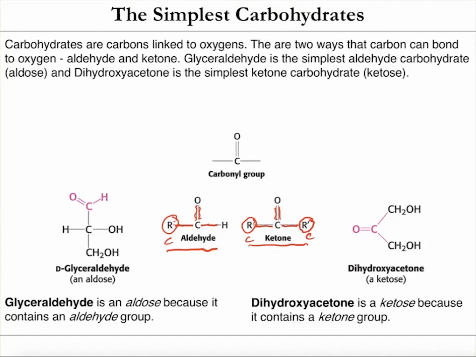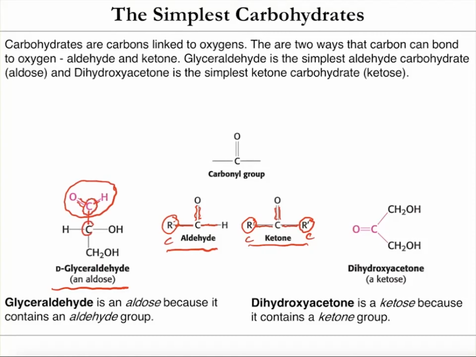Just using this basic rule where these carbohydrates are CH2Os and they're either aldehydes or ketones, you can make simple sugars. The simplest one that's an aldehyde, so this right here is that aldehyde group, C double bonded to O, bonded to H, and then bonded to something else, in this case a carbon. This is the simplest aldehyde carbohydrate.